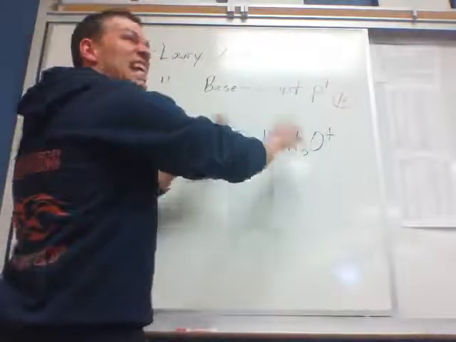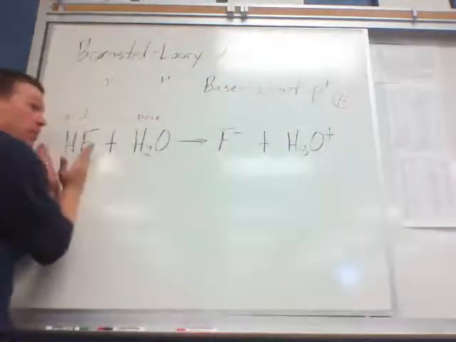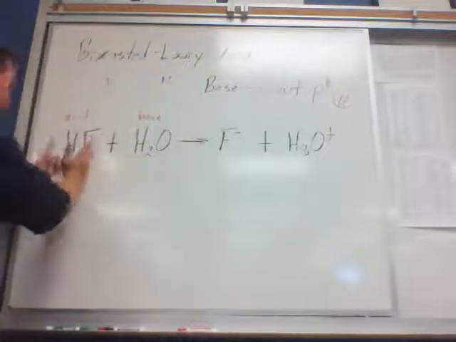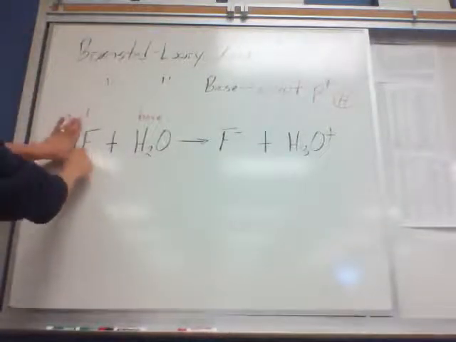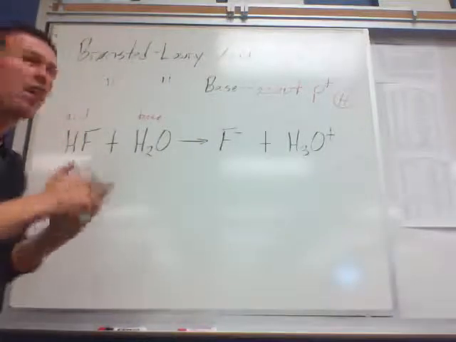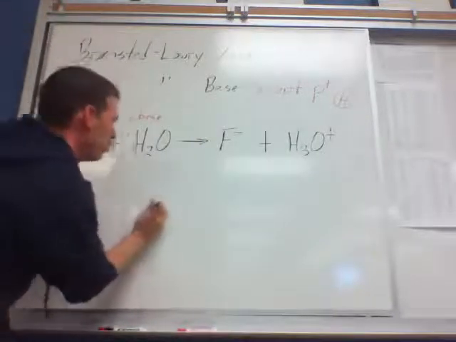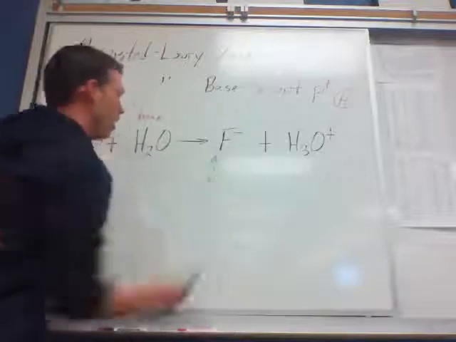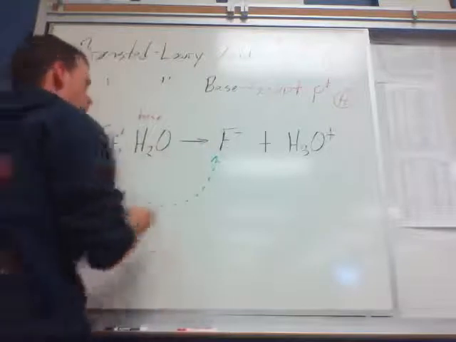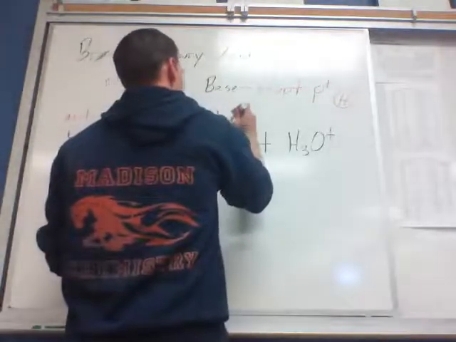Which one of these two guys is the leftover of him? The fluorine is. That's what he started with. We got rid of the H, and there was my leftover. So really, I could kind of connect these two guys together, and that makes the conjugate base, which is what it's called.